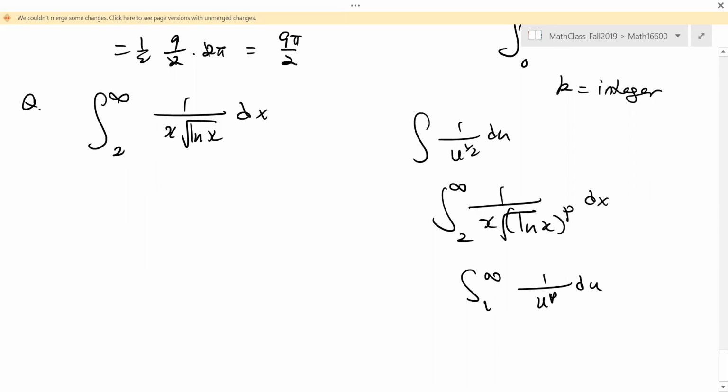All right, so use a substitution. You let u be the natural log of x. Then this integral becomes the integral from natural log of 2 to infinity of u to the power of negative... du, and this is clearly divergent.